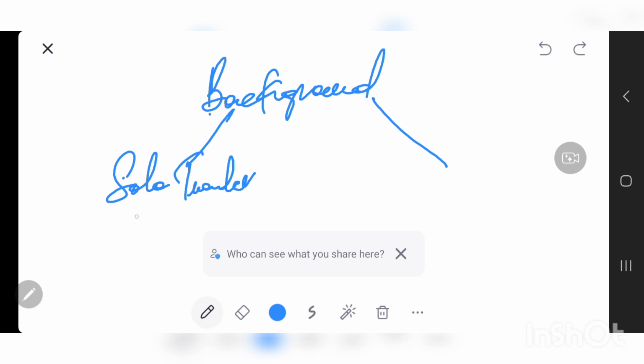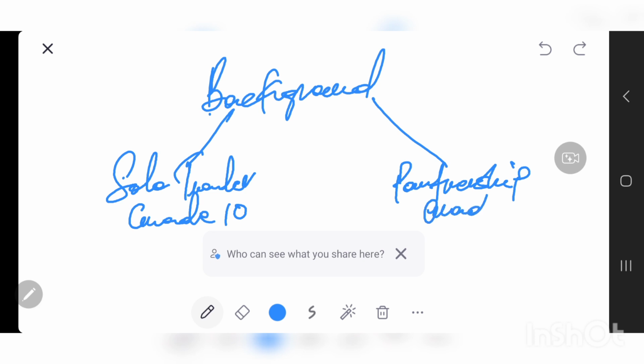And then in grade 11, you focused on a business called a partnership. This was your grade 11.